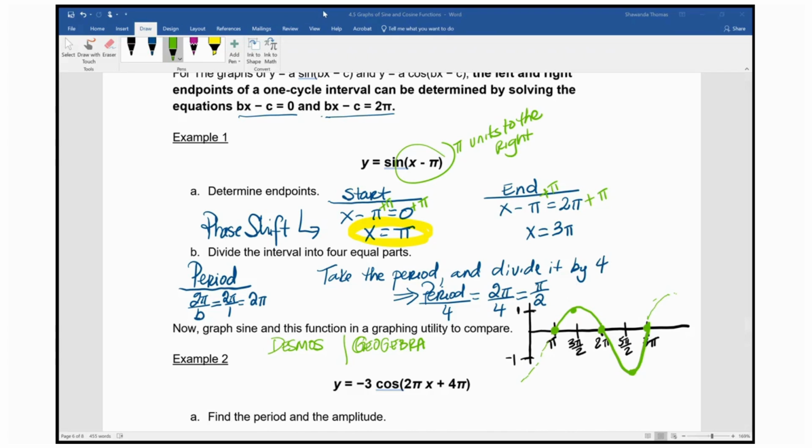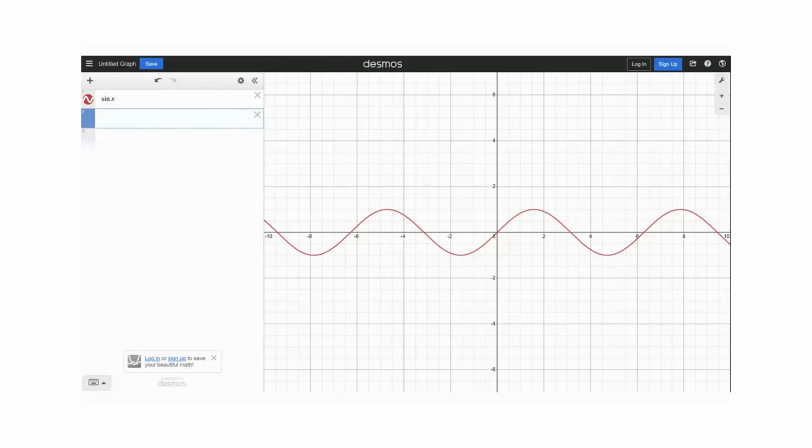So I'm going to go to Desmos and let's see if we can compare the regular sine and see what the difference really is. So this is regular sine, and then we just had sine of x minus pi.